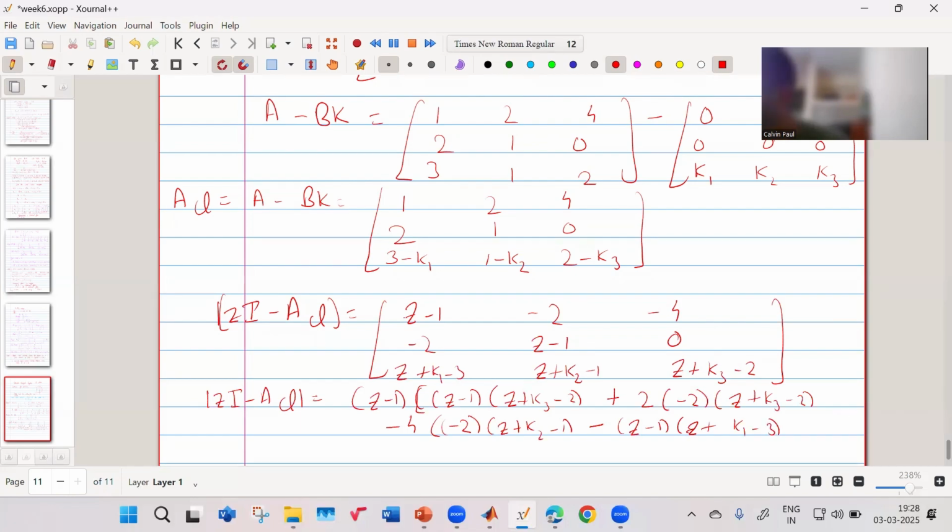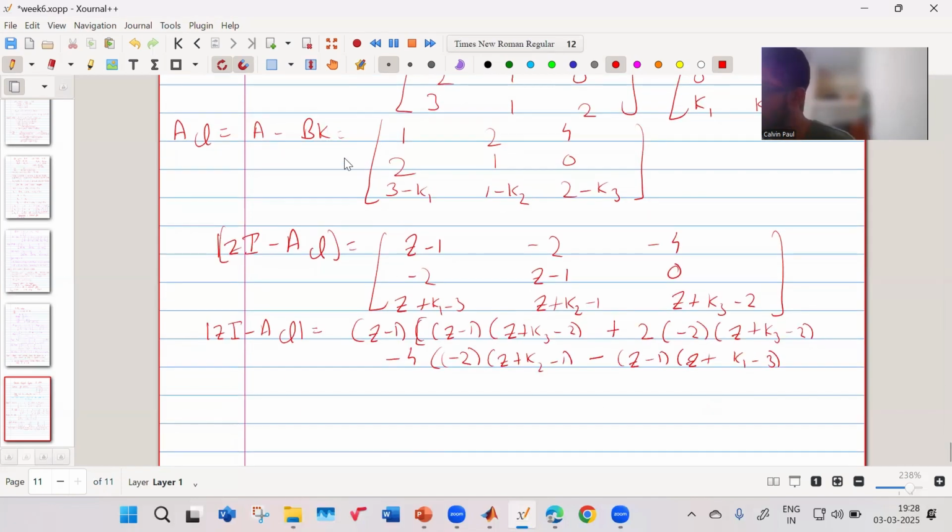So this is very complicated. How do we solve this? If you see, z+K3-2 is common here, in this and this. So we write (z+K3-2) into ((z-1) squared minus 4). We have simplified this.